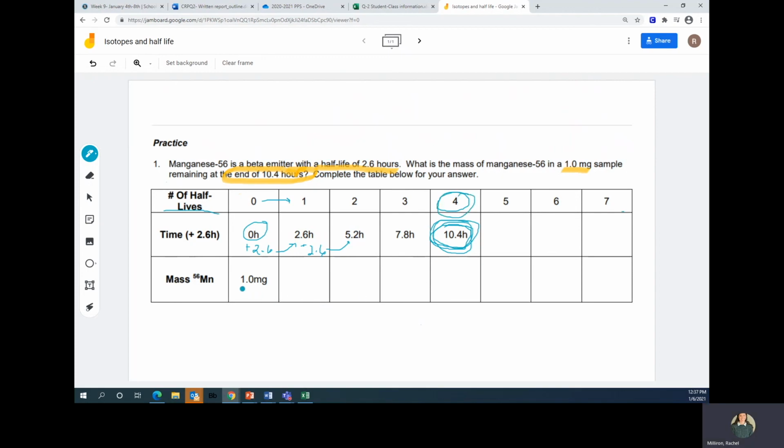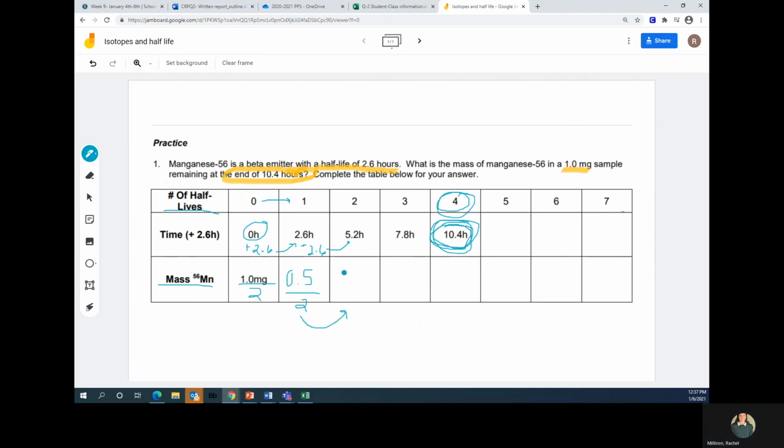So to determine the mass, remember that the amount of the isotope is breaking down in half. So we can divide that number, 1.0 milligrams, by 2. 1.0 divided by 2 is 0.5. Divide that in half again.